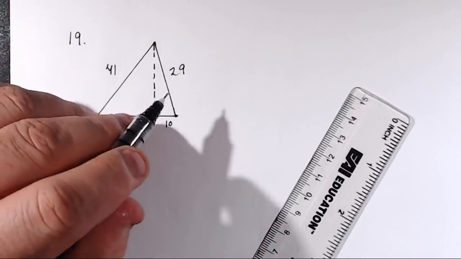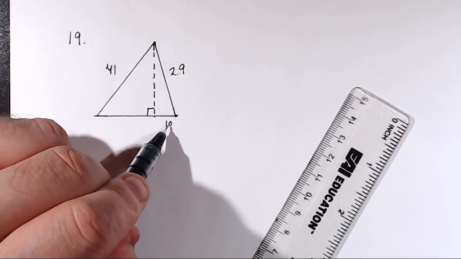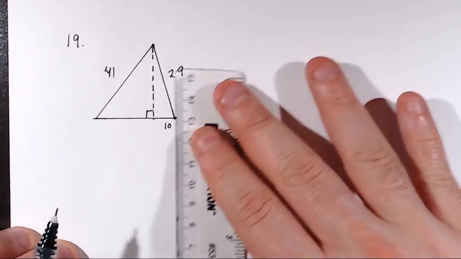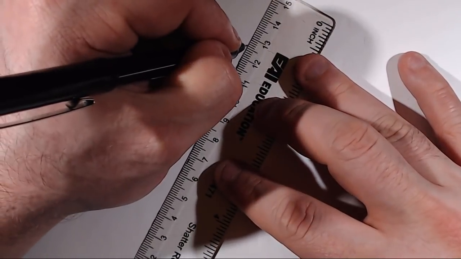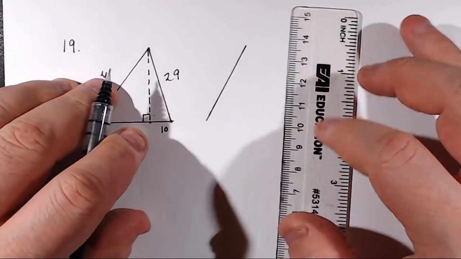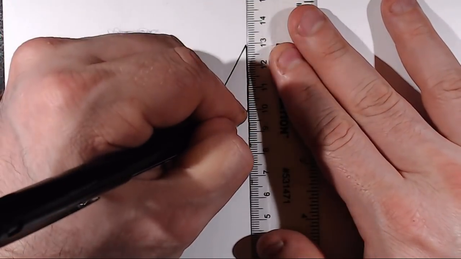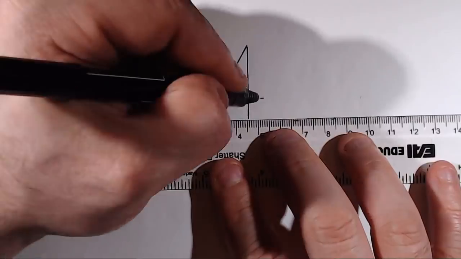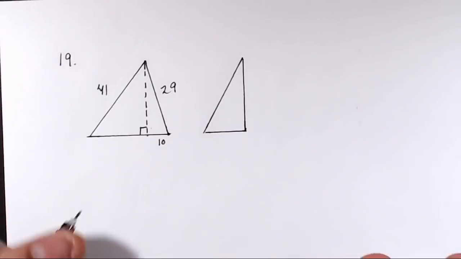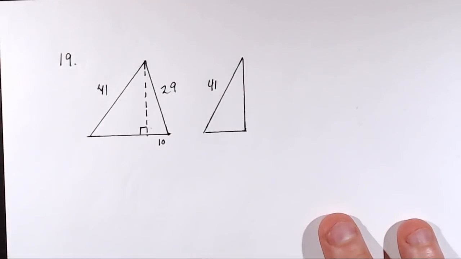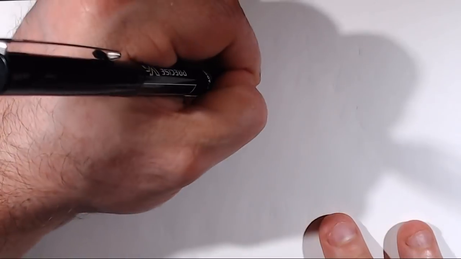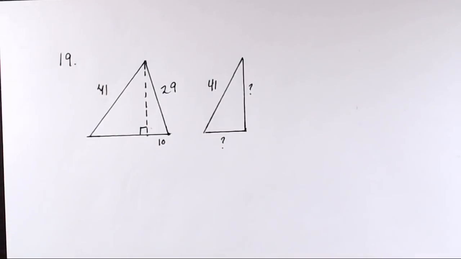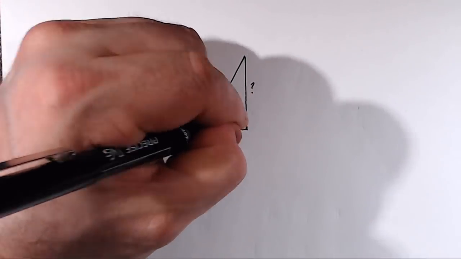Okay, so if we think about this, we have this triangle right here. We could break this thing up into two triangles. I've got this triangle, and we're given 41, right? I don't know what this distance is. This is unknown. And right now this is unknown. That's the height. Okay, right angle.